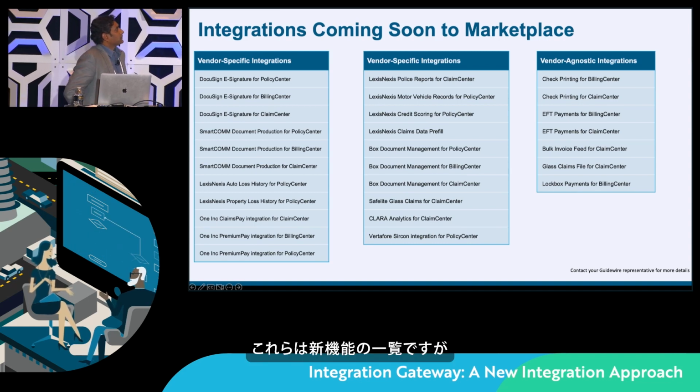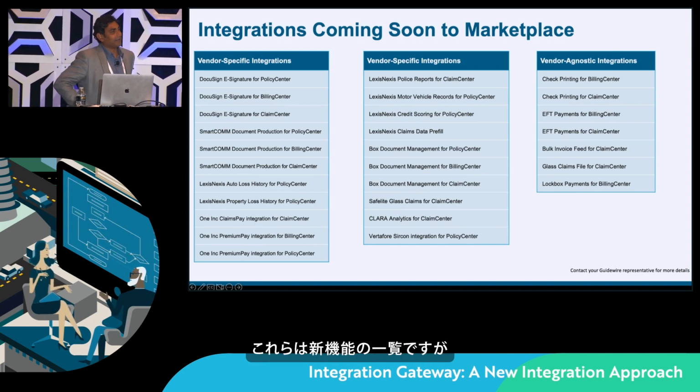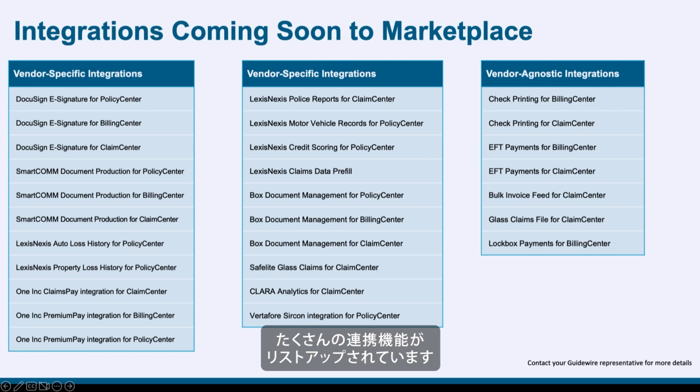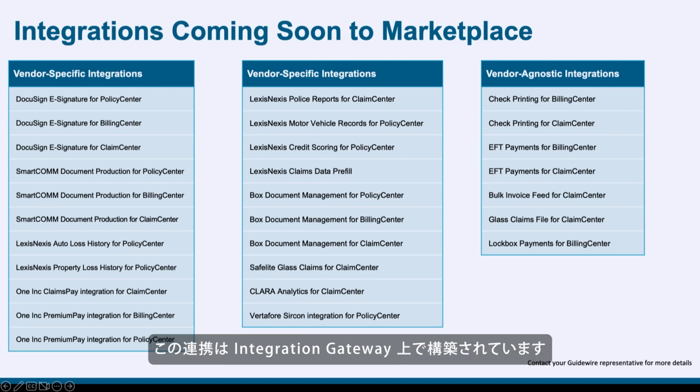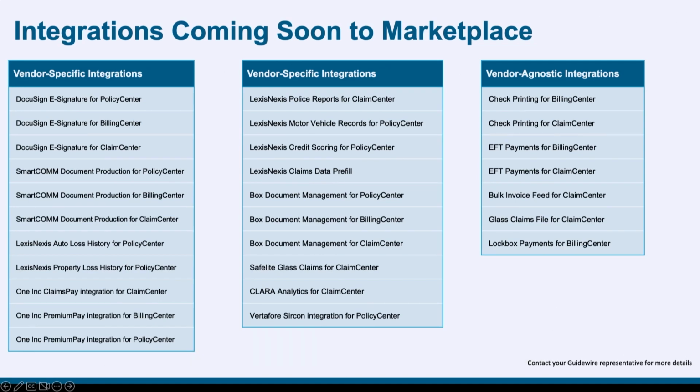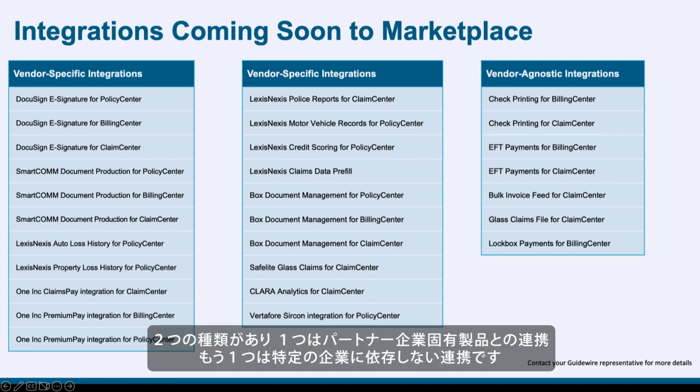Just to give an idea of a couple of use cases using integration gateway, this is kind of the future. You can see there's a bunch of integrations listed here. All these integrations have been built on the integration gateway architecture, or cloud integration framework architecture. There are two flavors: vendor specific integrations and vendor agnostic integrations.